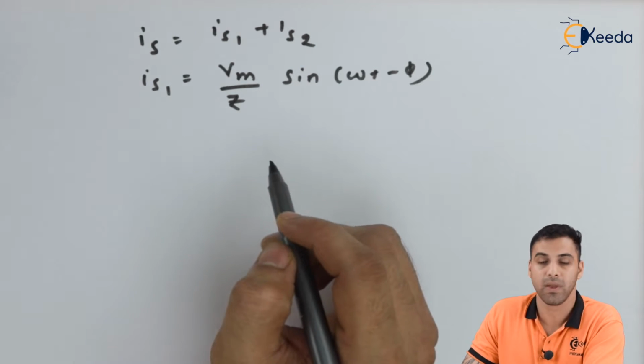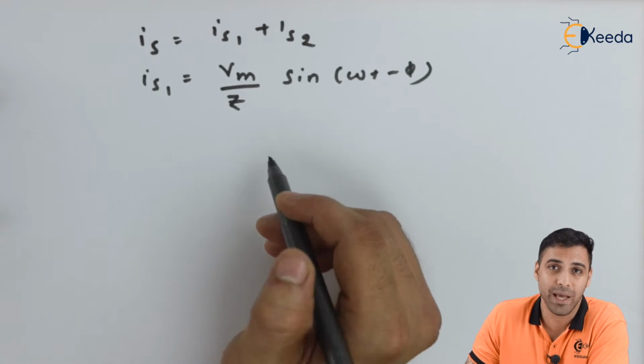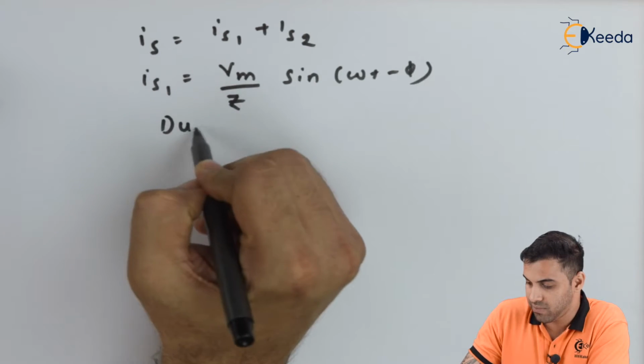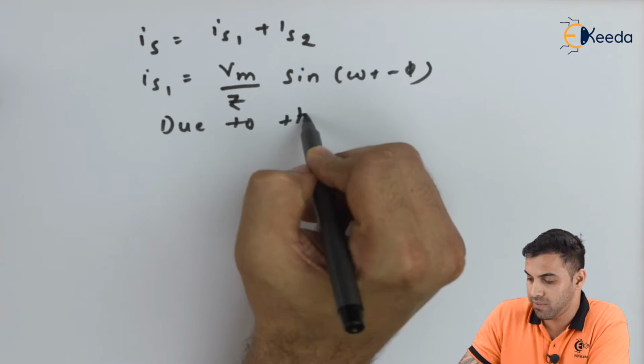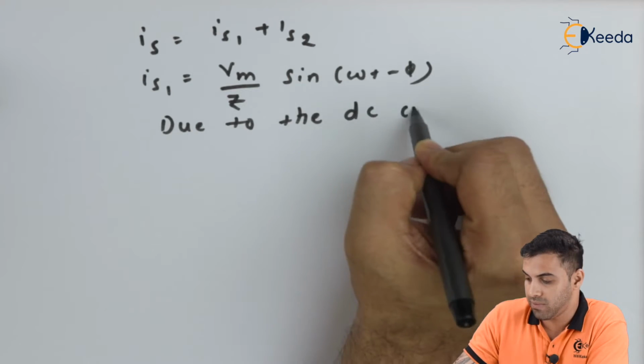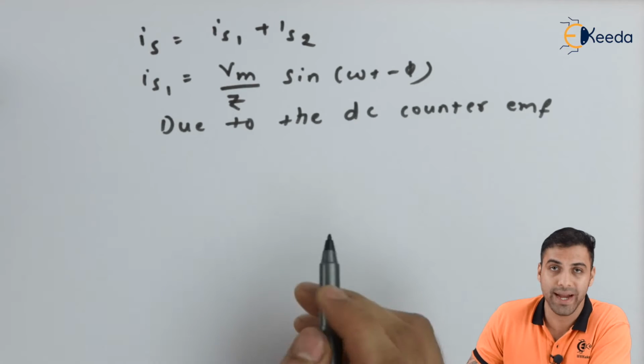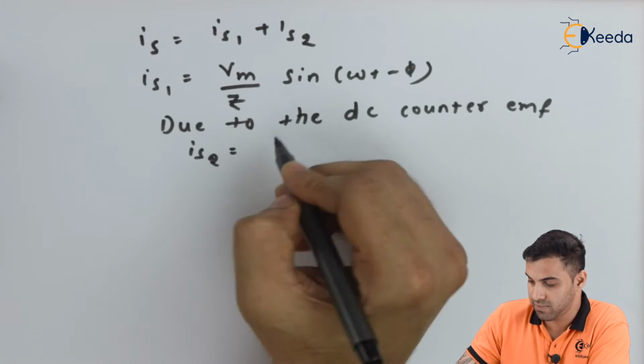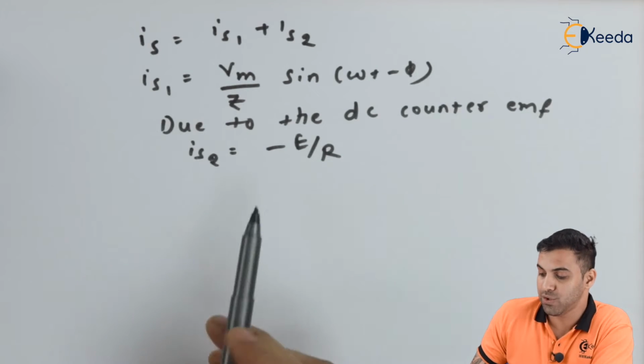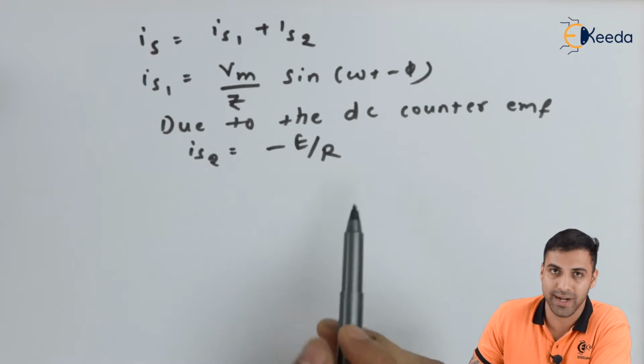Now because of the DC counter EMF, we get Is2 is equal to negative E divided by R.